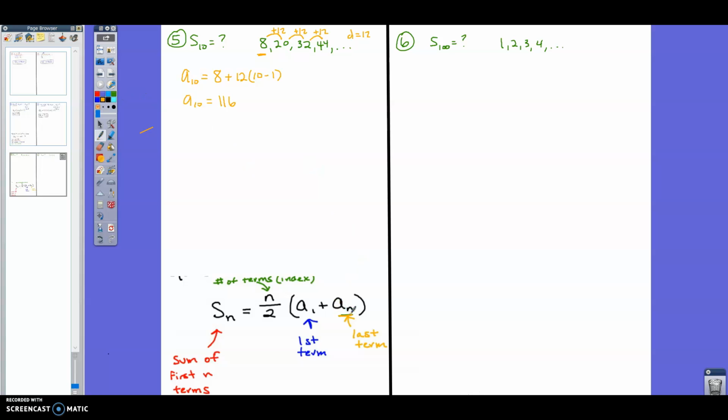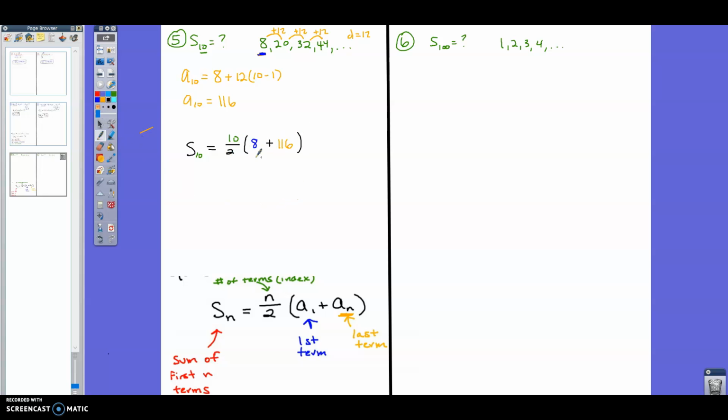Now the reason we need that is because that's what we're going to plug in here. We know our first term, A1, that's what they gave us here. And we know n because that's what they gave us here. So we're going to follow this formula now. So we're looking for S10. And that's going to equal n, which is 10 divided by 2, times our first term, which was 8, plus our last term, which was 116.